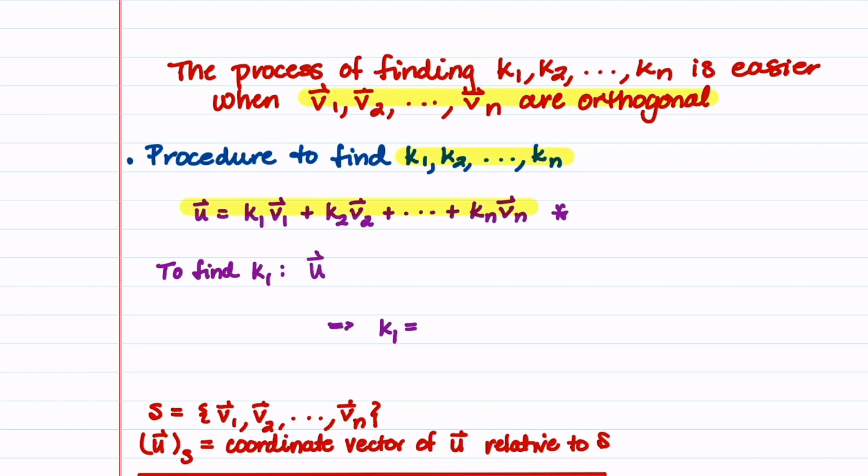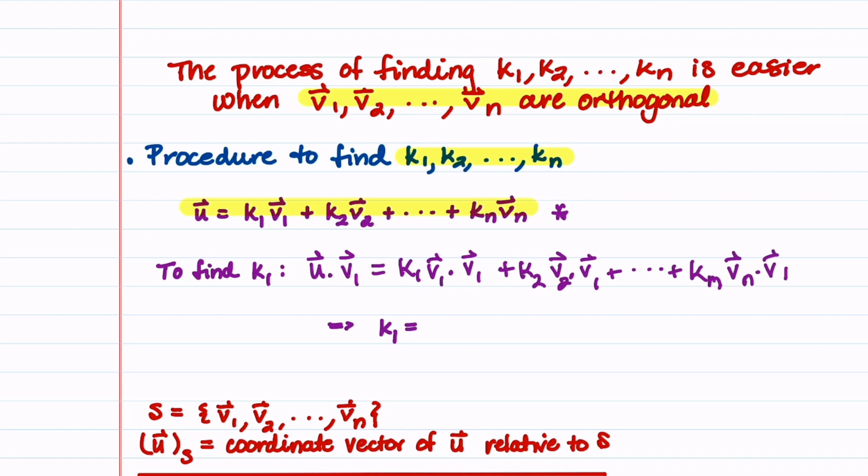So we're going to have U dot V1 is equal to K1 V1 dot V1 plus K2 V2 dot V1 all the way up through Kn Vn dotted with V1. We then see that V2 dotted with V1 is 0 because the vectors are orthogonal.